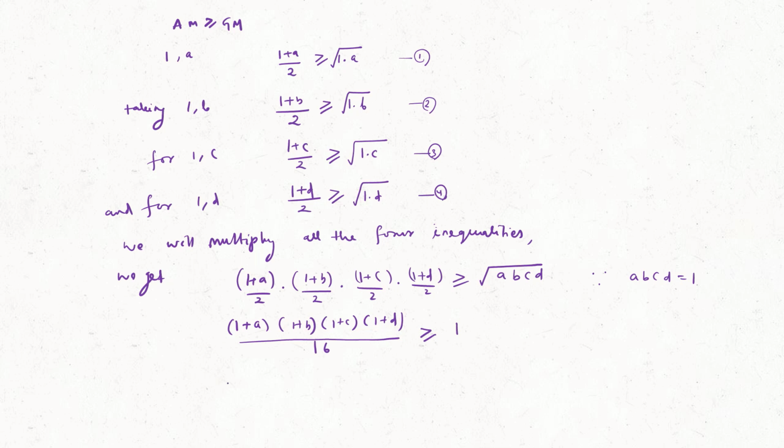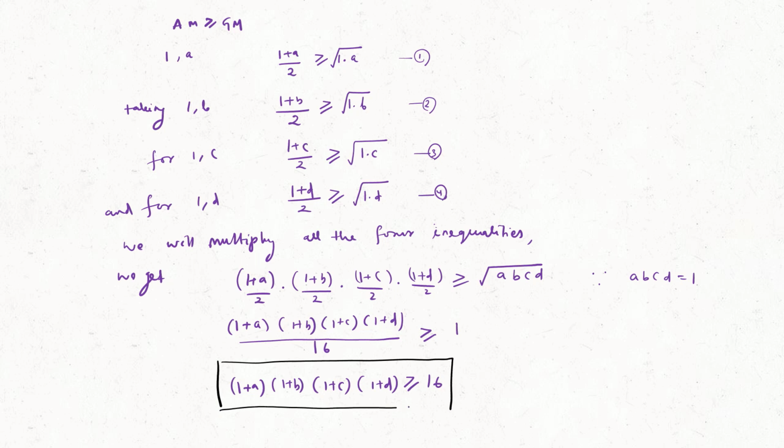So the final expression becomes (1 plus a) into (1 plus b) into (1 plus c) into (1 plus d) greater than or equal to 16. Hence, this is the final expression that we needed to prove.